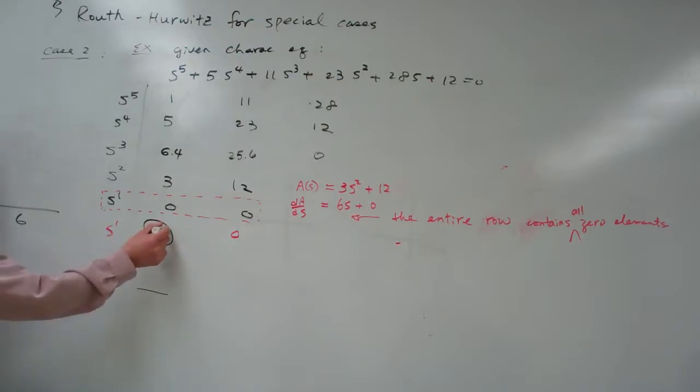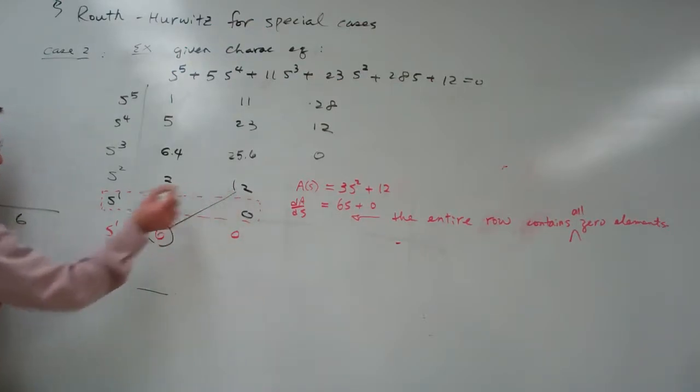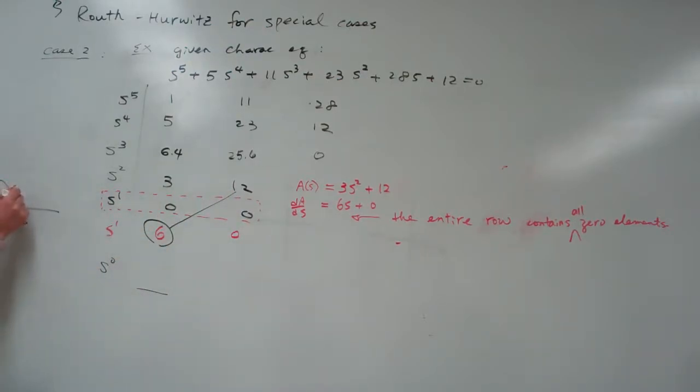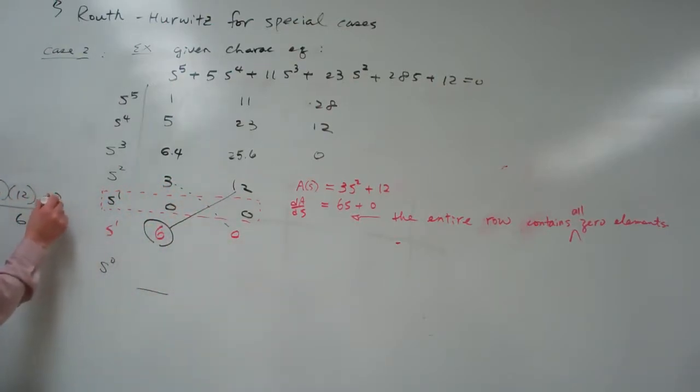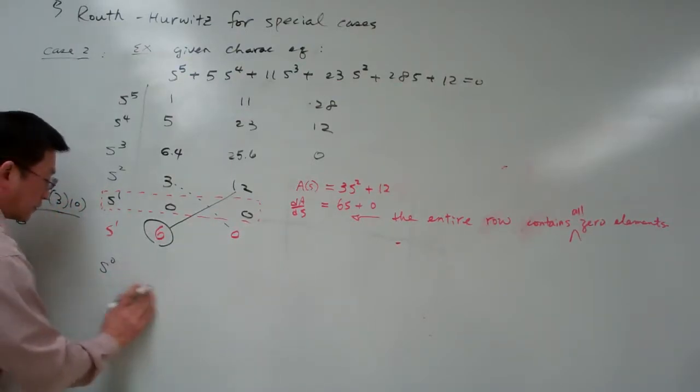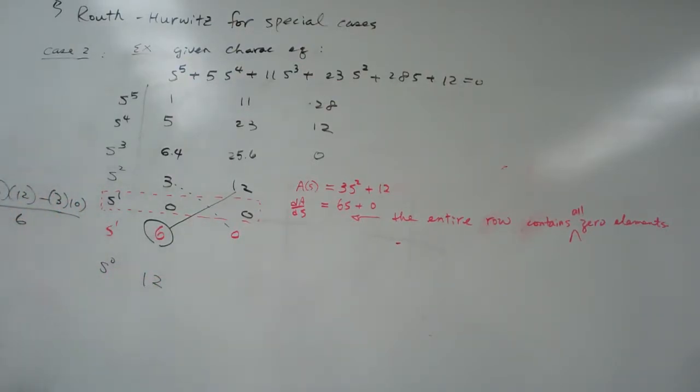The number is 6 multiplied by 12 minus 3 multiplied by 0, so this number is 12 here. For these systems, the first thing we observe is this.